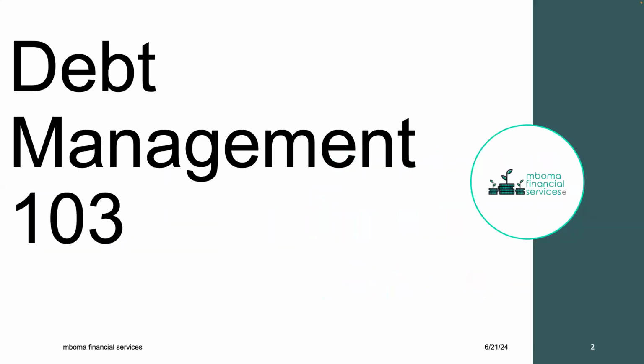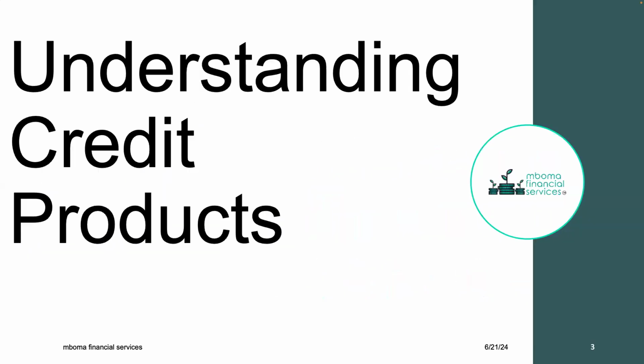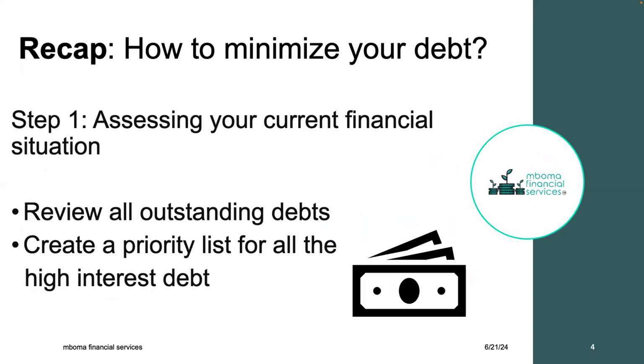Okay, just as a recap of our previous lesson, today we're doing the last lesson on debt management, and the topic we're focusing on is understanding credit products. Just as a recap on how to minimize debt, the first step was assessing your current financial situation, where you review all your outstanding debts and create a priority list for all the high interest debts.